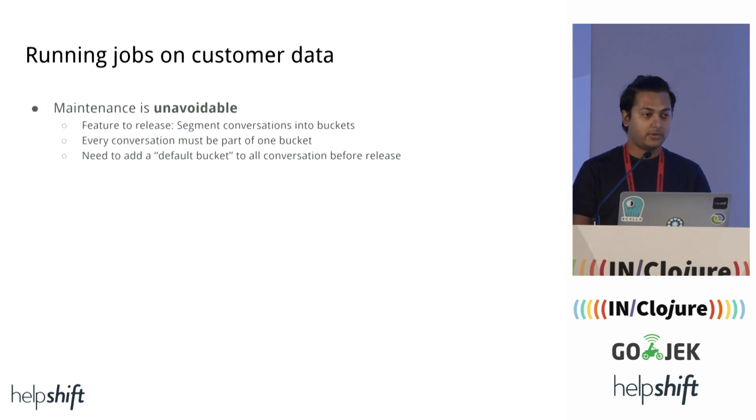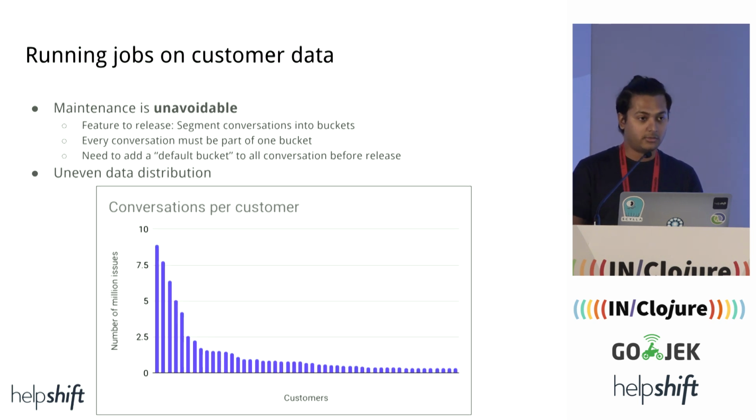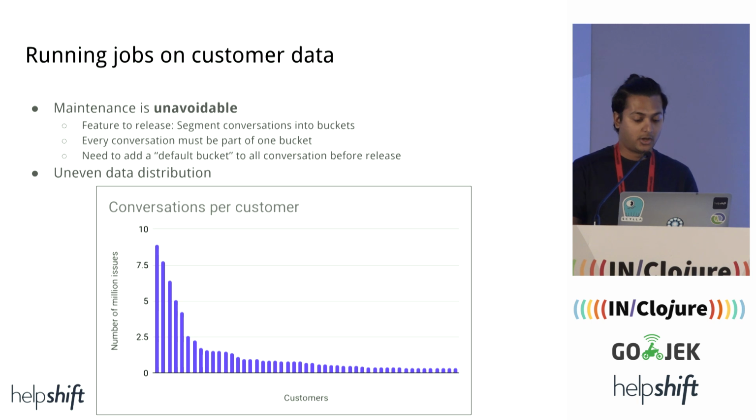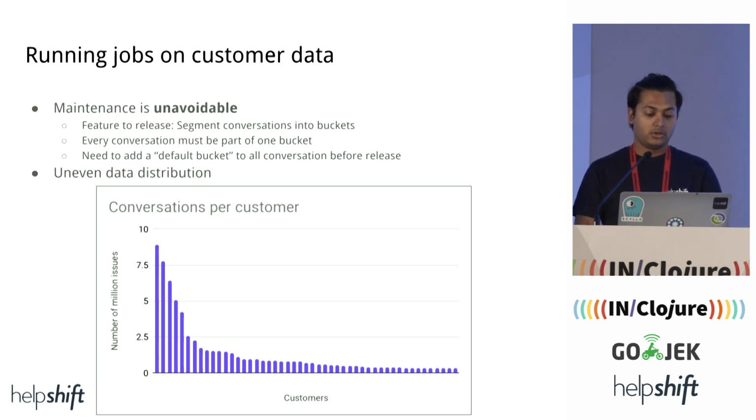But what becomes even more challenging is that the distribution of this data across our customers is non-uniform, meaning that there are some customers which have more data than the rest, and there are many customers which have less than our top customers. So this led us to some roadblocks while running maintenance tasks at HelpShift.